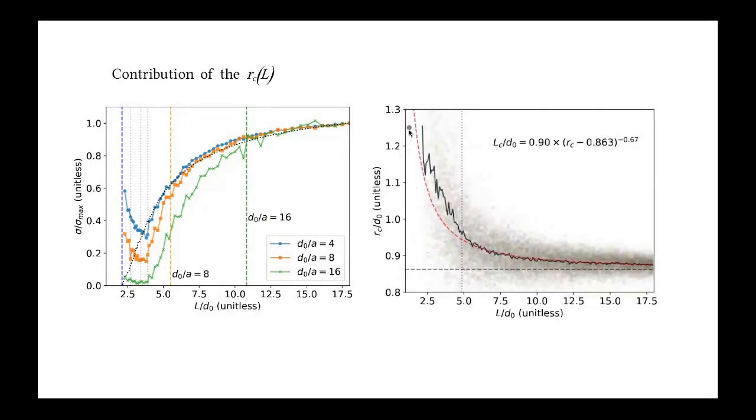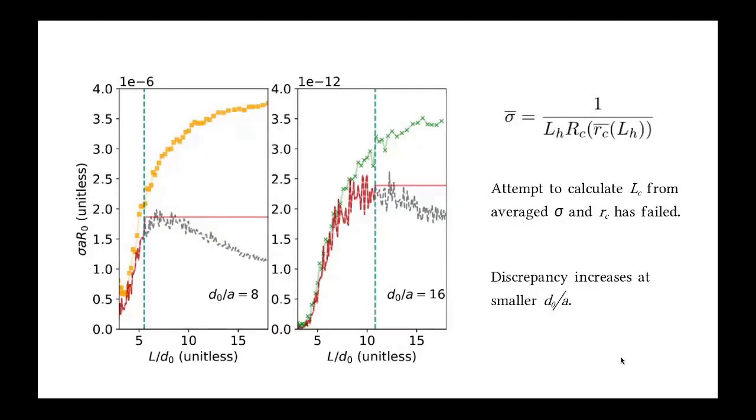After simulation of critical distance as a function of the cell size, which is shown here on the right side, I found that the increase of conductivity with the cell size is mainly due to the decrease of the critical distance rather than the characteristic length of the cell. A second attempt was made to calculate the crossover length by using the average values of conductivity and average values of critical distance.